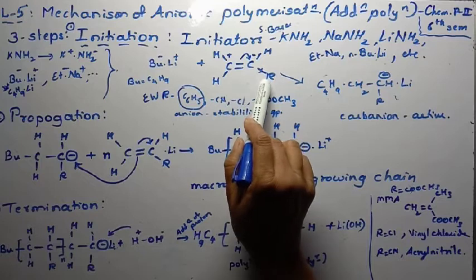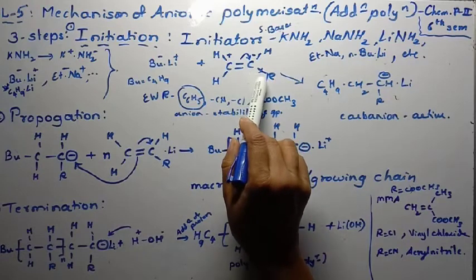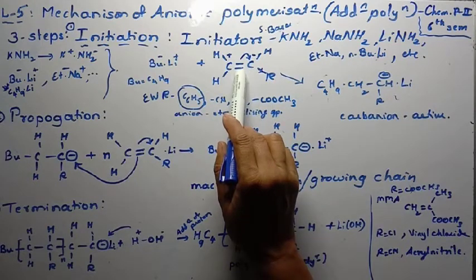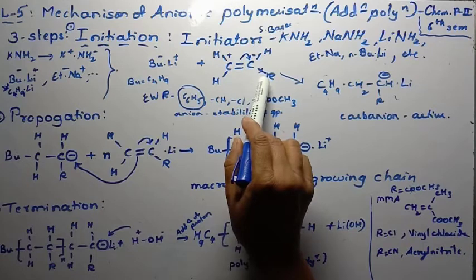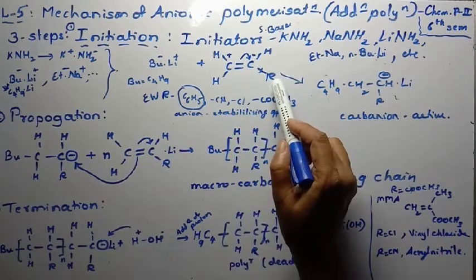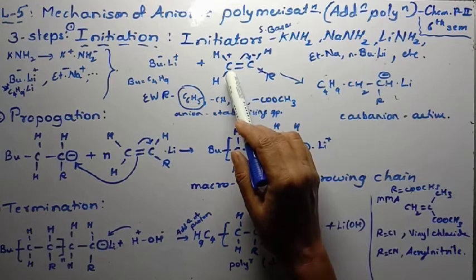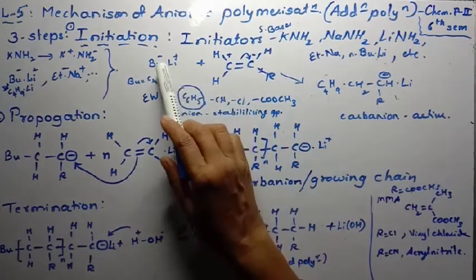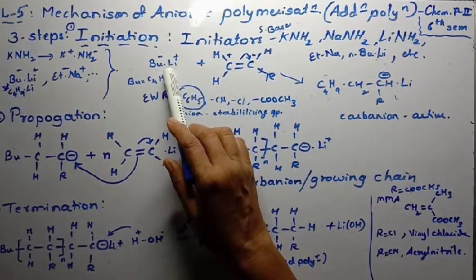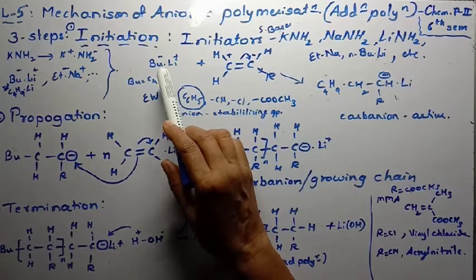Due to the presence of this R, the double bond, which is electron rich, has its electron density dragged towards the R, the electron withdrawing group, and thereby this carbon gets a partial positive charge and is attacked by the nucleophile, that is the butyl group.